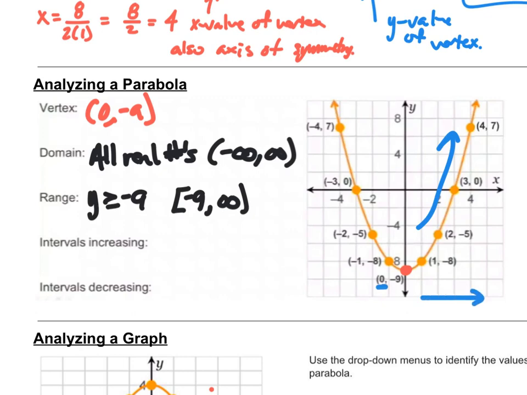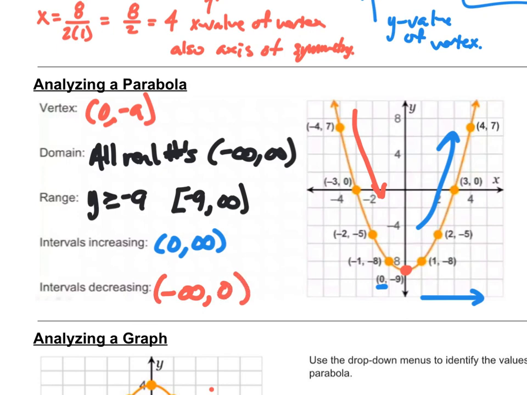So I would say that this goes from 0 to positive infinity. Okay, so then we want to talk about where we're decreasing and where the y values are getting smaller. And we want to say, for what x values is this happening? And so those x values start at negative infinity, and they go all the way to 0, and that's it.